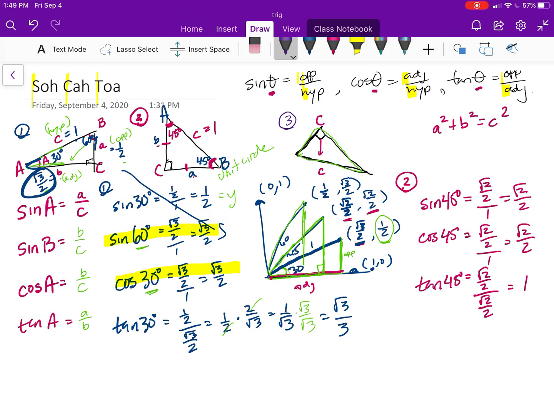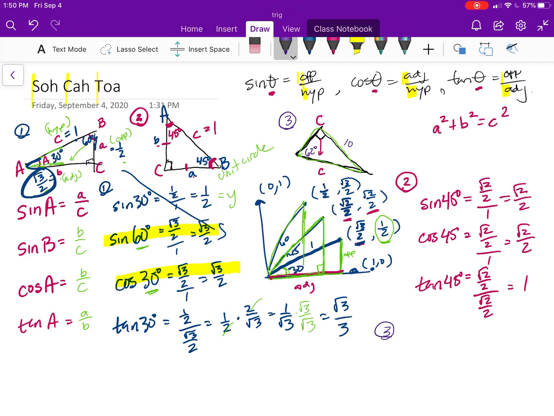I'm going to make up some values here. Let's say this one is actually 62 degrees, and how about this is length 10?